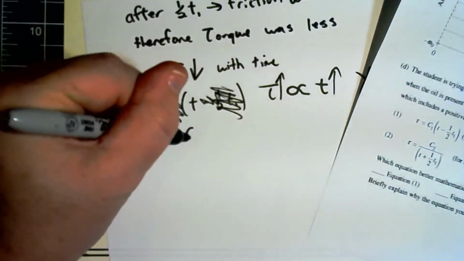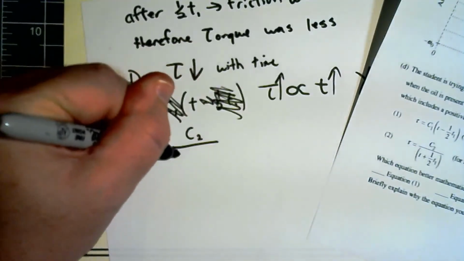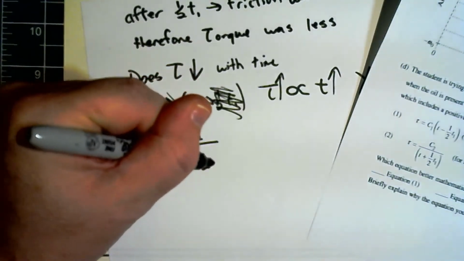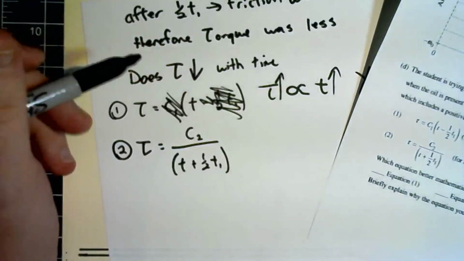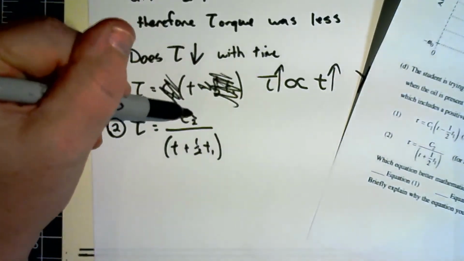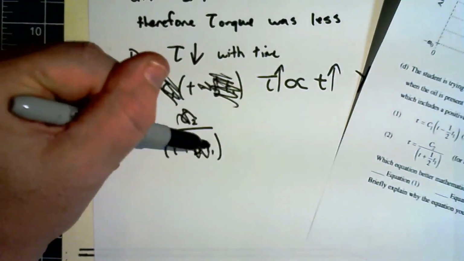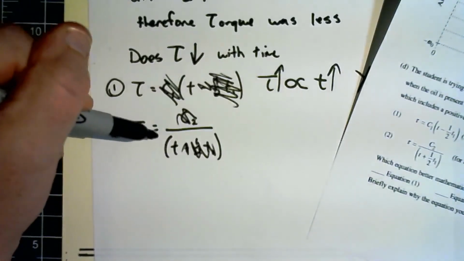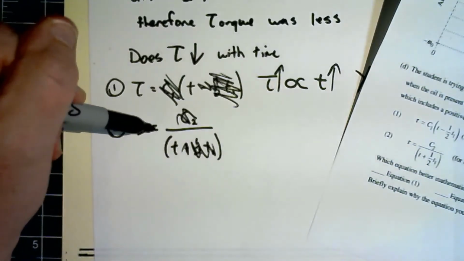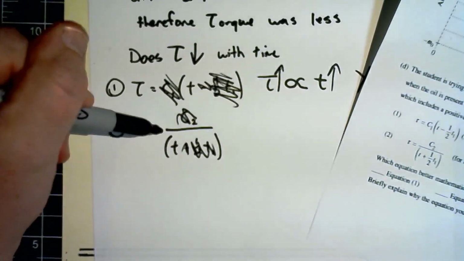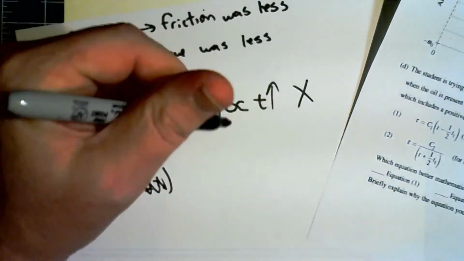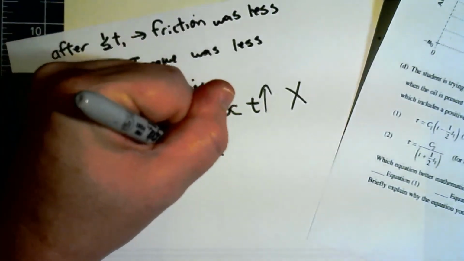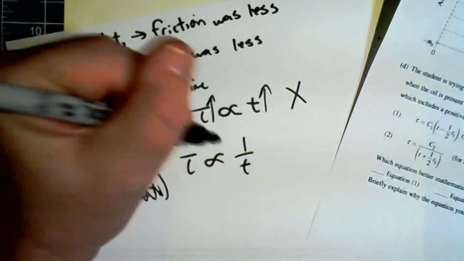The second one has some kind of a constant over time plus 1/2 T1. And in this case, the constant we don't really care about, half of T1 we don't really care about. And so what we have here is that torque is related to the time, but it's inversely related. Torque is inversely related to the time.